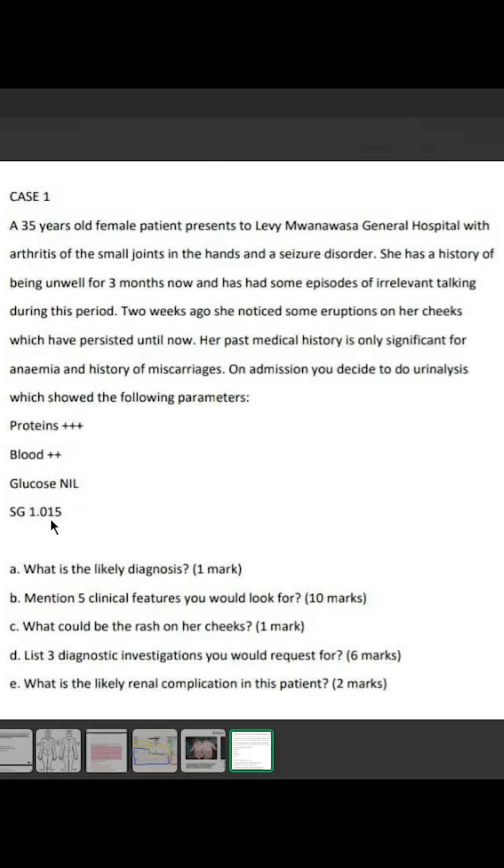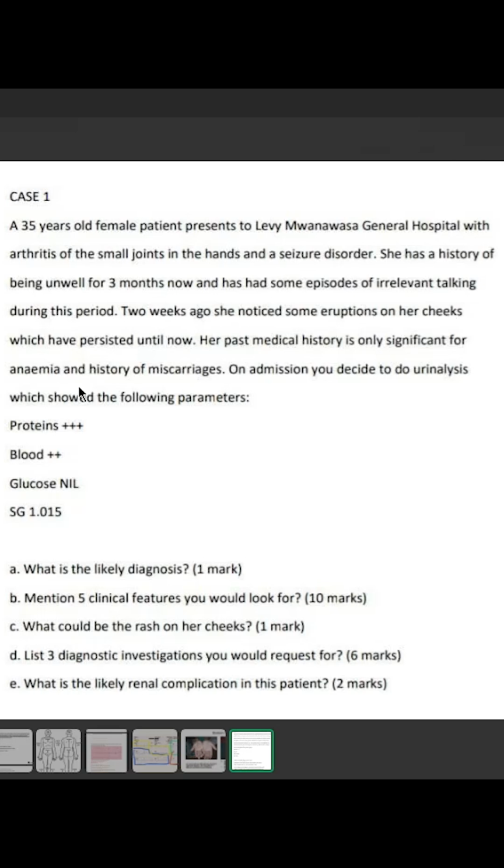specific gravity of 1.015. Again, looking at the risk factors, we've got a female of reproductive age. Coming on to the clinical presentation, there's arthritis, there's a seizure. We are also having some sort of behavioral changes. Then she has some sort of rash on her cheeks. Remember the malar rash.